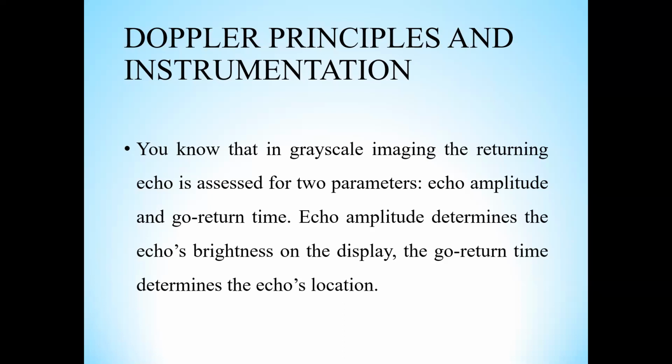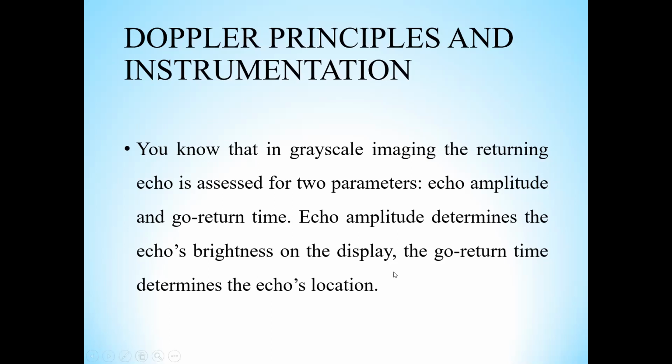Any reflector reflecting echoes back towards the transducer having high acoustic impedance mismatch, the resultant echo will have high amplitude and that will appear brighter on the display, and vice versa. Similarly, the go-return time represents the location of the reflector.